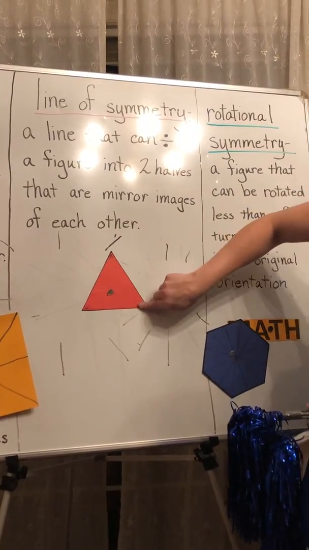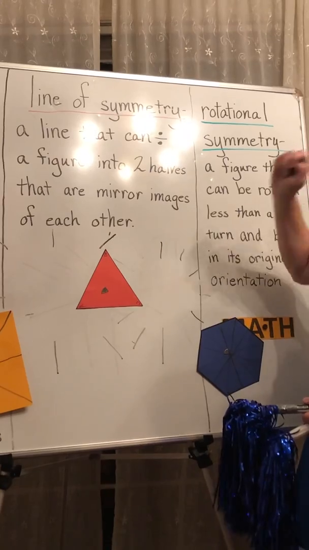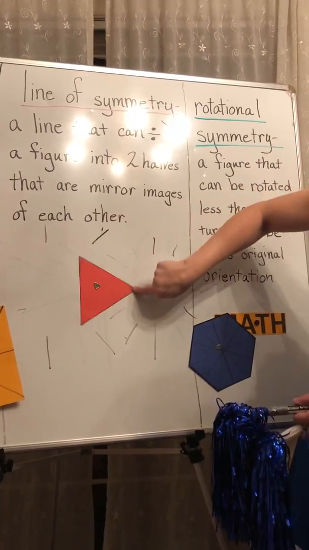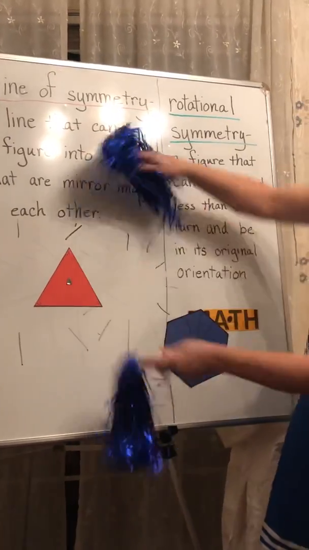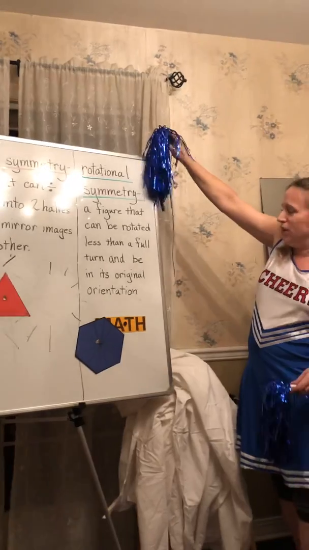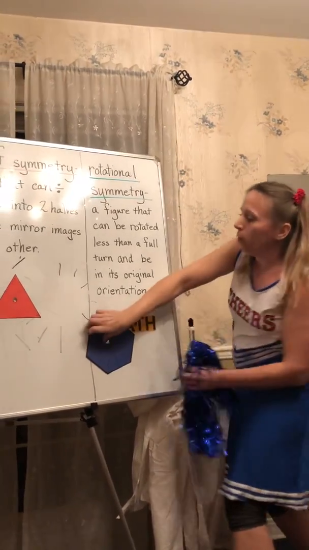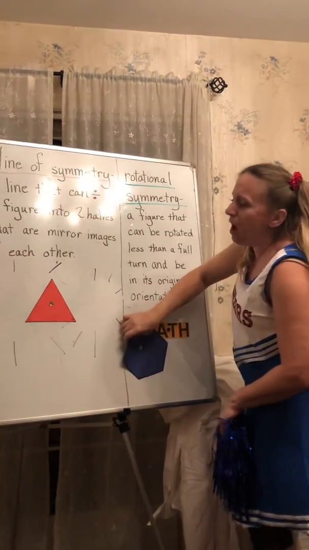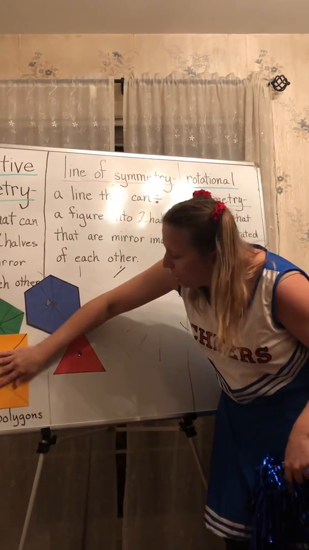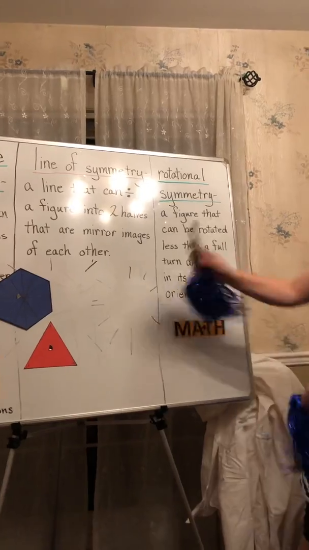And spin it again. B's at the top, A's at the side, but it still looks the same. And one last time, back to our original position. So yes, it has rotational symmetry. Well, it works with every regular polygon. If you spin them, they will look the same before you get back around.